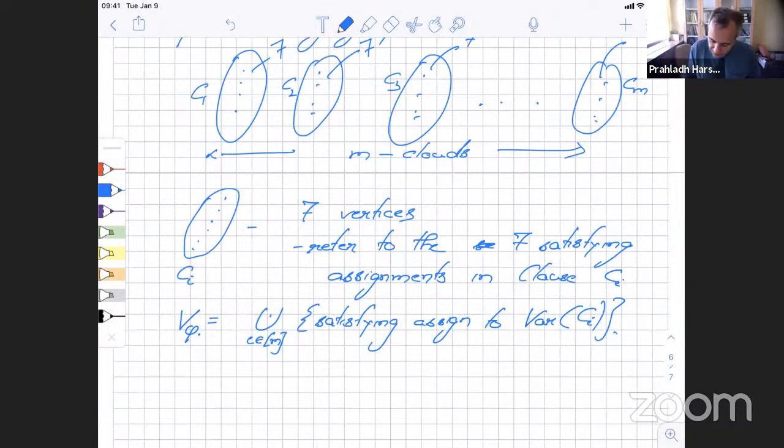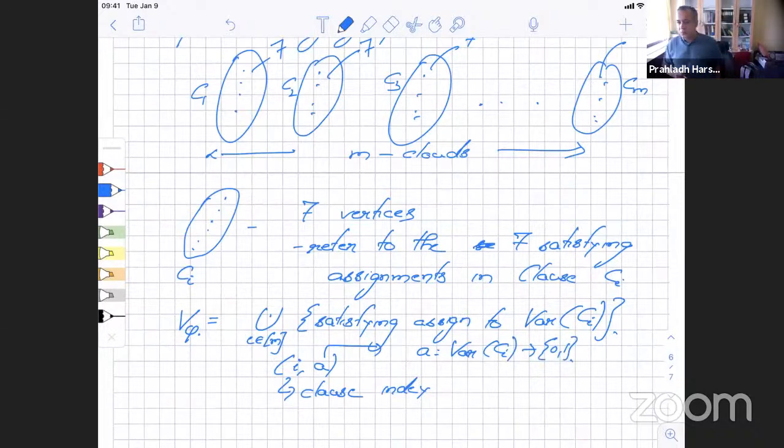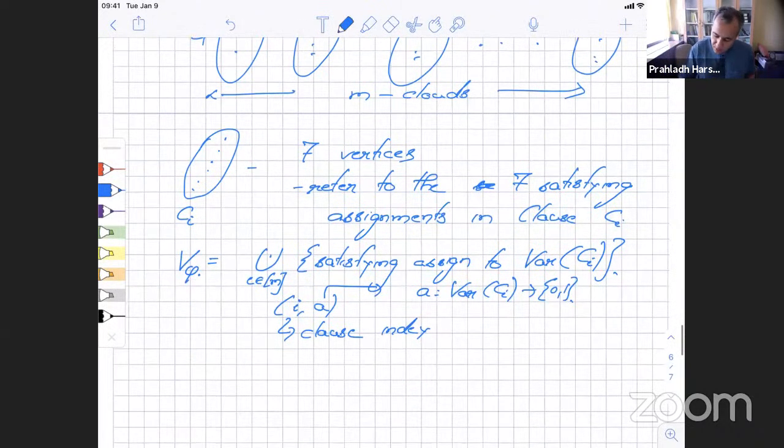So a vertex looks like (i, A), where i is the clause index, and A is an assignment from the variables of Ci to 0, 1, but it represents that there are just 7 of them over there, where A is satisfying for Ci.